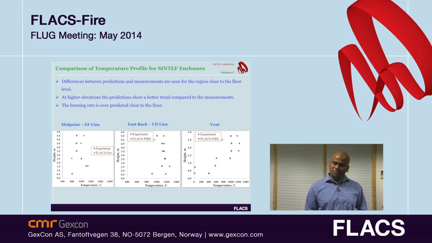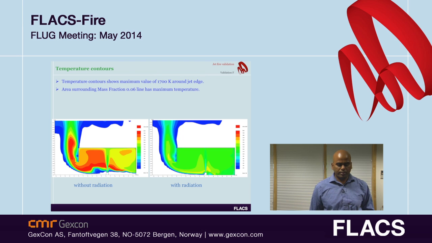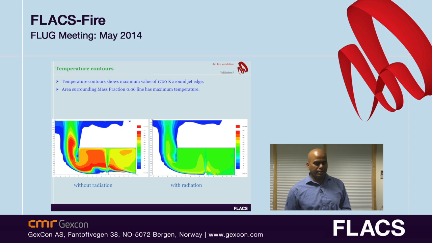Generally the agreement is within an acceptable limit. The temperature contour with and without radiation is shown here. FLACS-Fire also predicts the high temperature region, which is close to the mass fraction of 0.06, very nicely in this case.